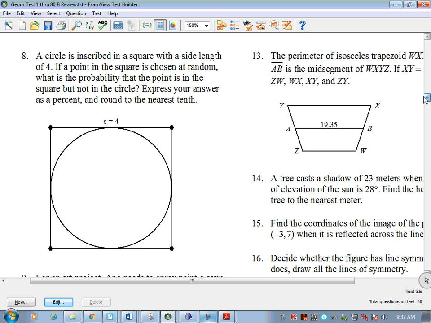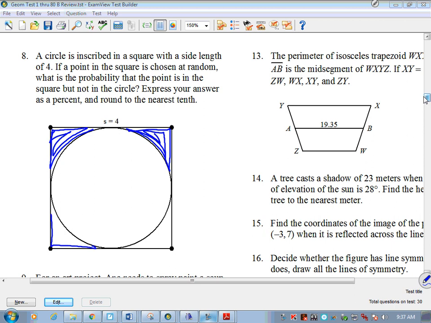All right, good. If a point in the square is chosen at random, what is the probability that the point is in the square but not in the circle? Express your answer as a percent, rounded to the nearest tenth. So the first thing you need to look for is what is my desired? Well, my desired is these funky little corner pieces.